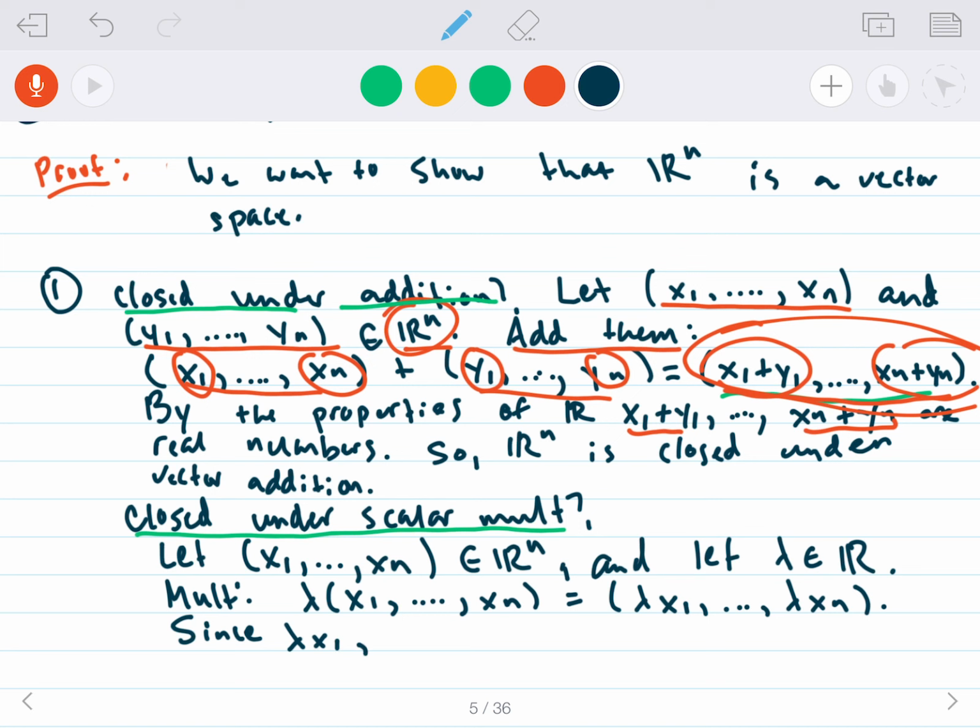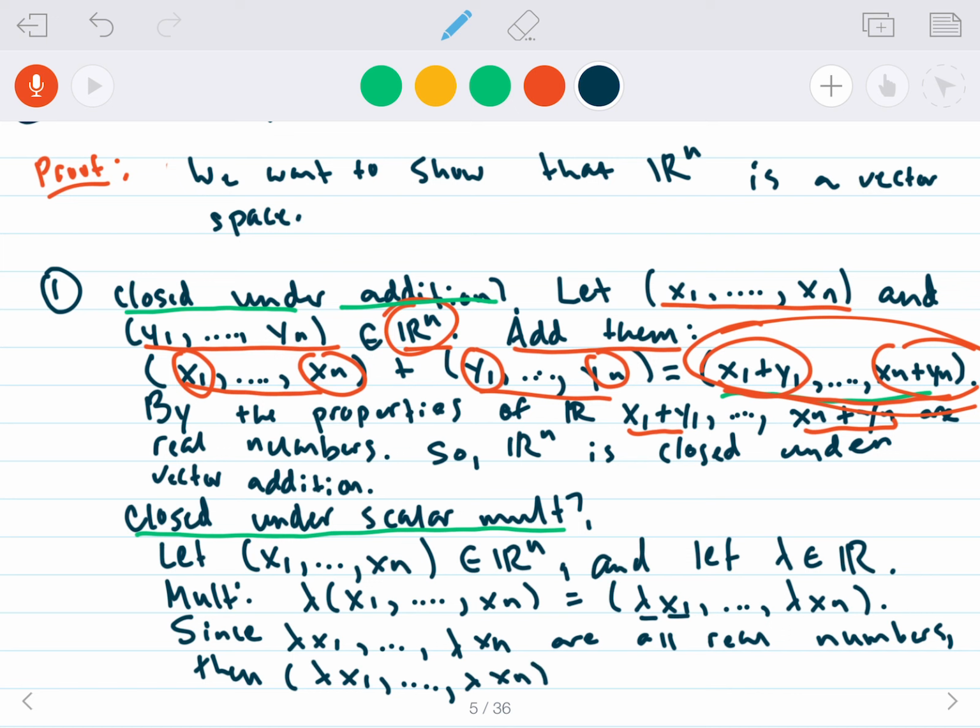Since lambda x1 dot dot dot lambda xn are all real numbers, because a real times a real is always a real, then lambda x1 all the way to lambda xn is in Rn. Each of these is a real number, and so it's in Rn.